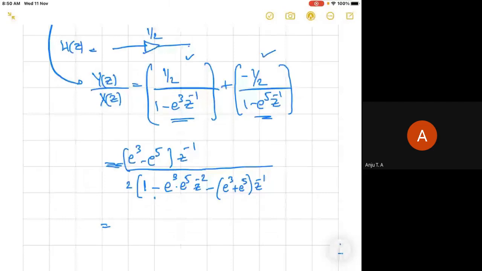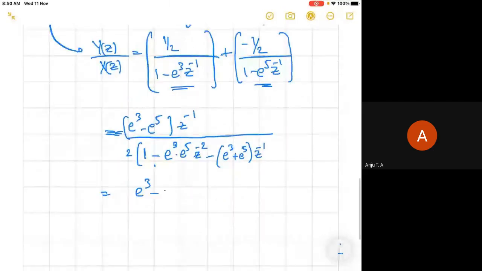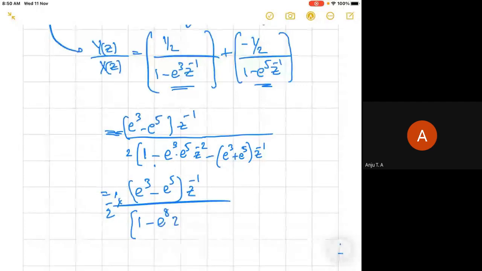So this you can write as e raised to 3 minus e raised to 5 into set inverse by half of this by 1 minus this. You can write as e raised to 8 set raised to minus 2 plus e raised to 3 plus e raised to 5 set inverse.